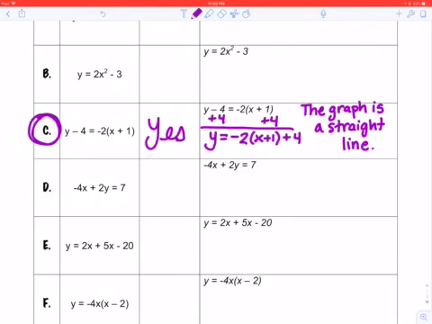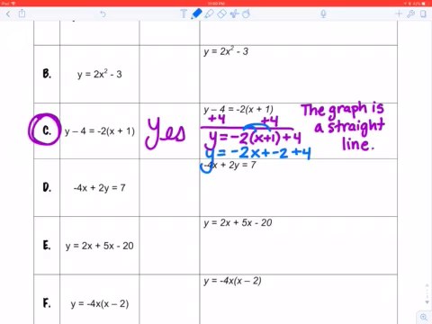I also could, without using the graphing calculator, have just continued to simplify the equation for my evidence. I could distribute the negative 2. y equals negative 2x plus negative 2 times 1 is negative 2, and then a plus 4 at the end.